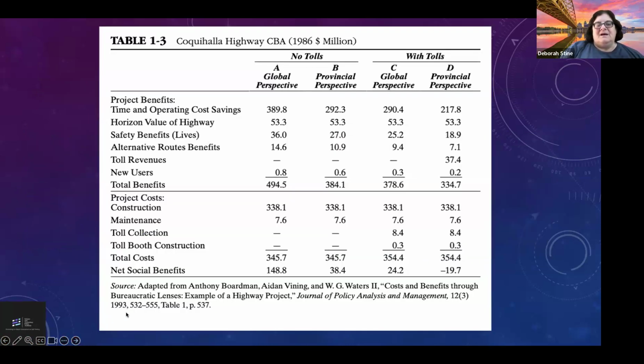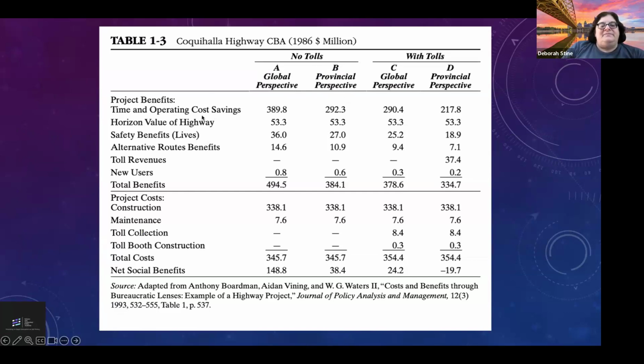Okay, so here is a table that looks at the different costs. We have these from a global perspective and a provincial perspective. One is for everybody who uses the road, and the other is for those who actually live in this province, in this state in Canada.